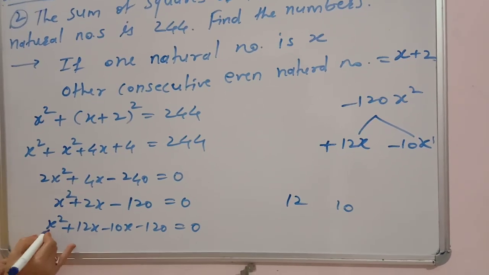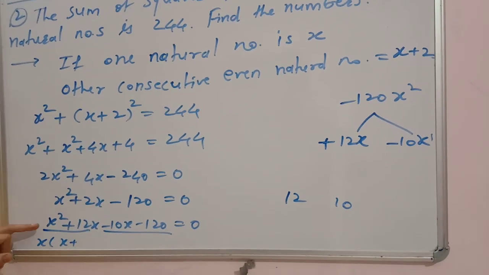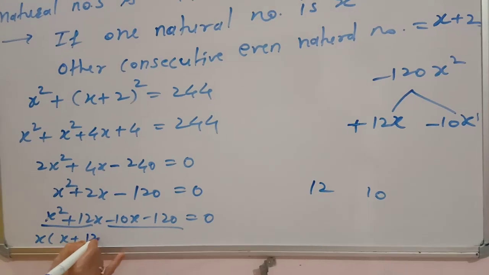Again take common from the first two terms and from the last two terms. x is common, so x times (x plus 12).